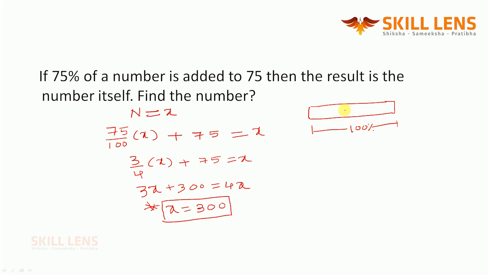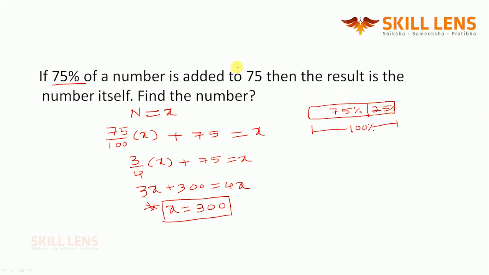When the total number is 100%, he is talking about 75% of a number. Now ask yourself a question. The total is 100%. If this is 75%, the remaining is what? The remaining is 25%. This is where your logic comes in.